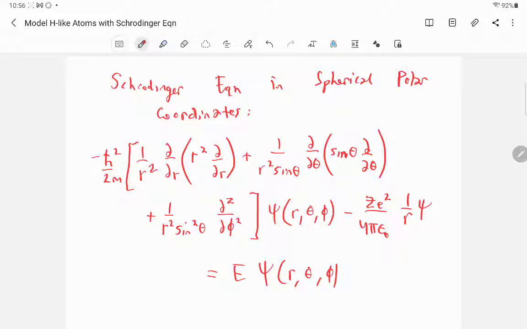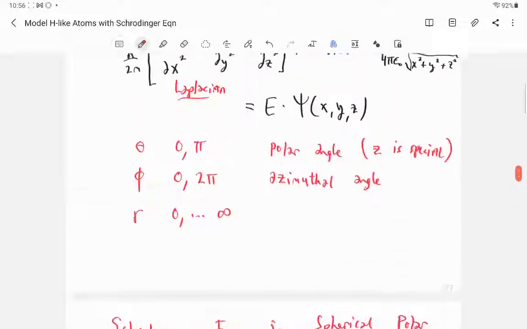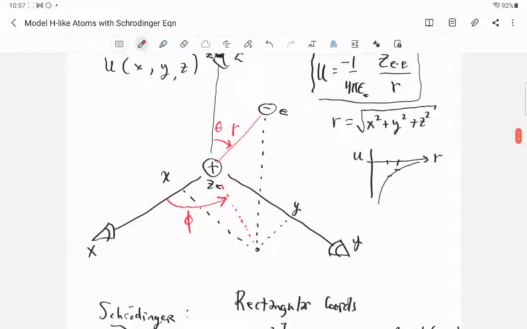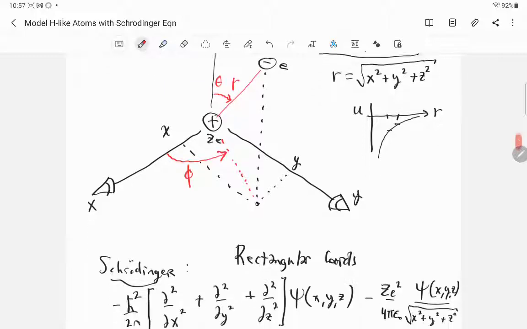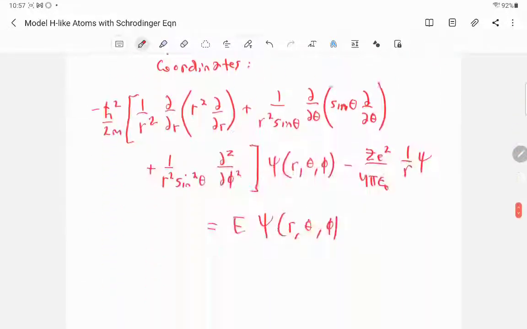Now, r, theta and phi and x, y, and z are easily relatable to each other. You can think about it geometrically, right? Here is the relationship. You can think in terms of trigonometry and understand the relationship amongst the coordinates.